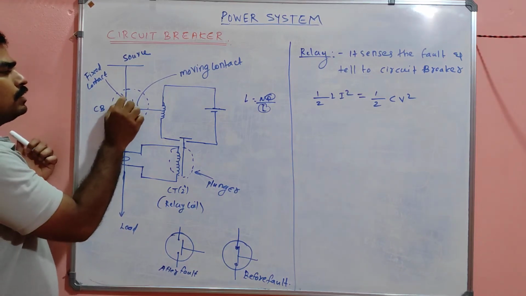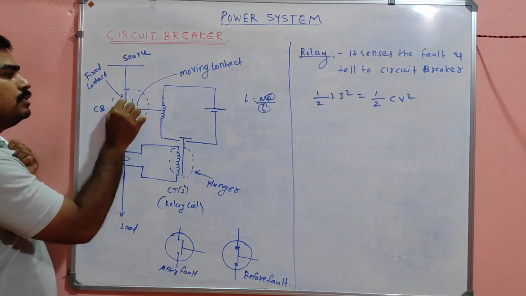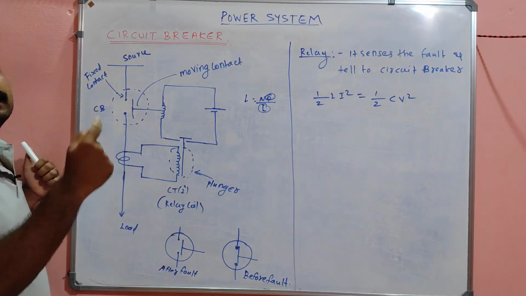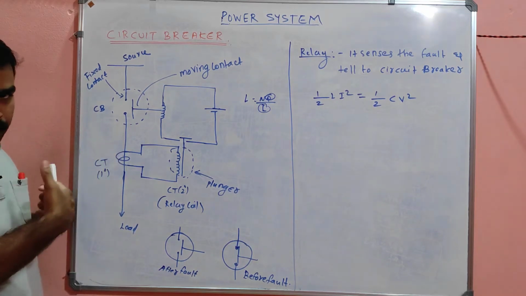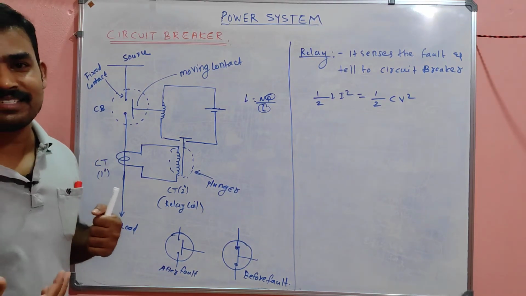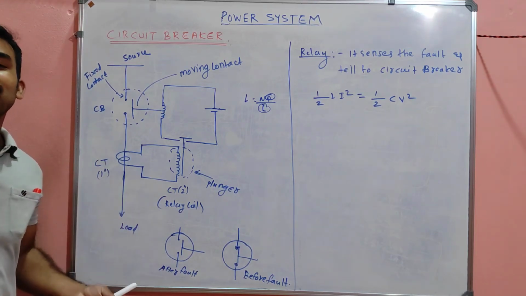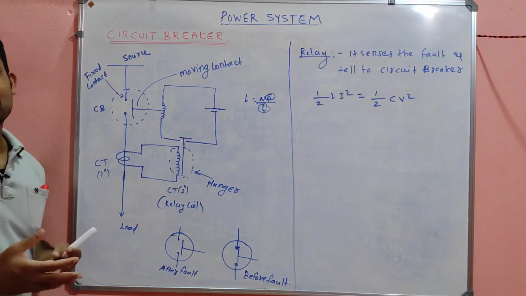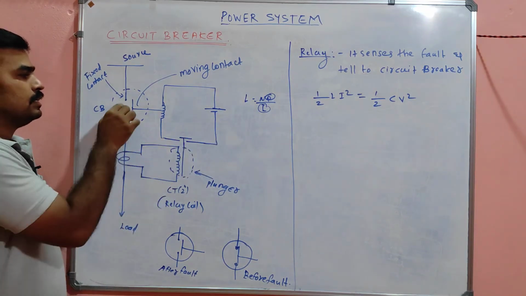So there will be a high electric stress E equal to V by d between these two fixed contacts. Suddenly there will be an arc. This happens in microseconds or nanoseconds, my dear. While explaining it I am saying it has a very big story, but this happens in a few microseconds or nanoseconds.